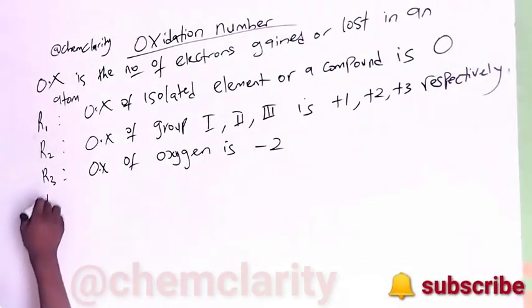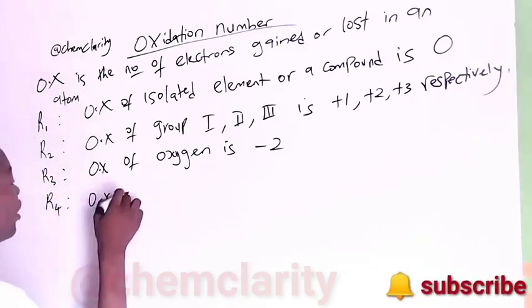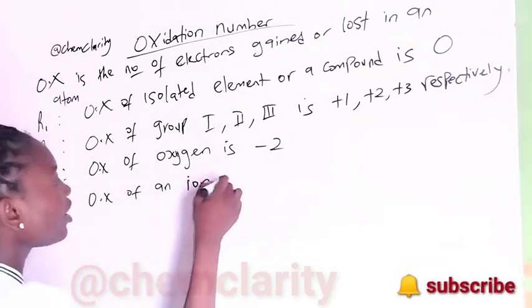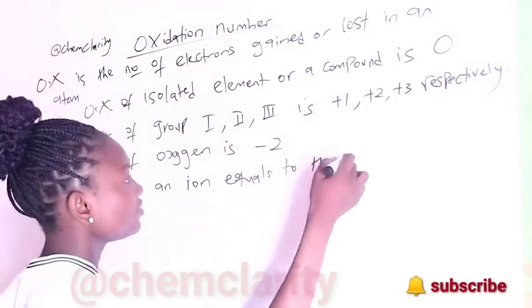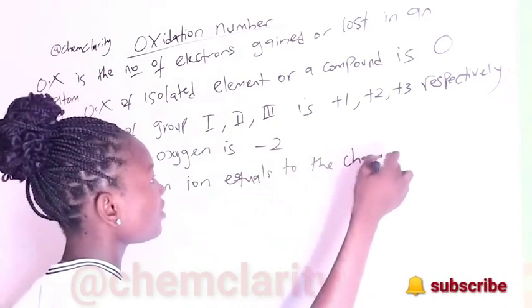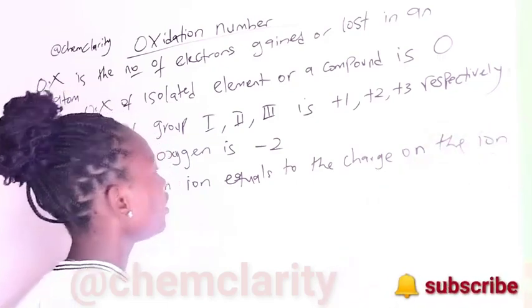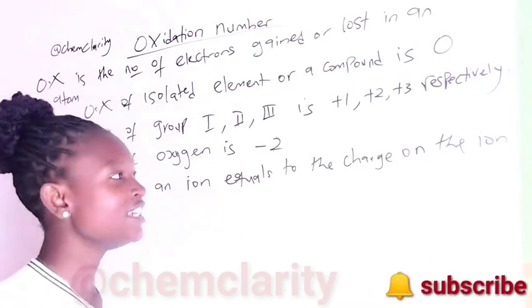And another rule is the oxidation number of an ion equals the charge on the ion.